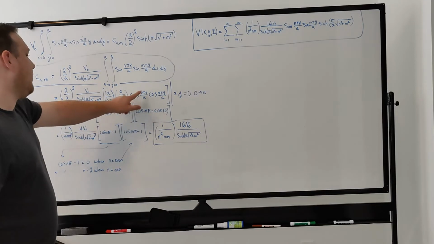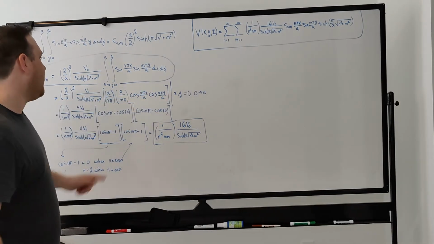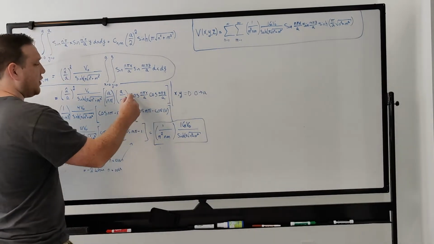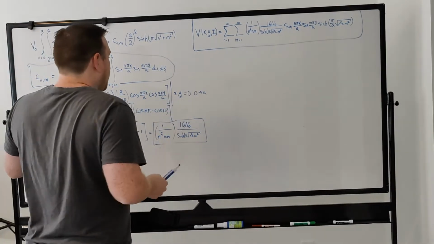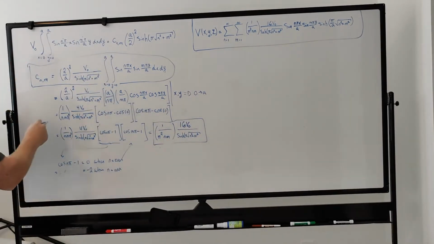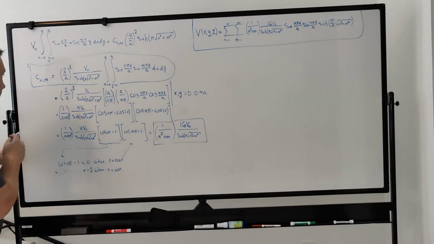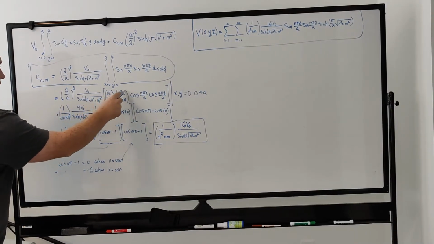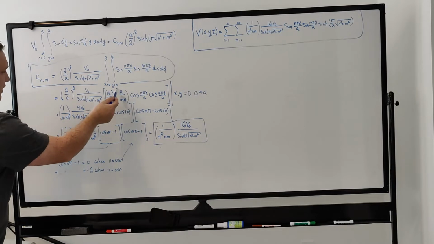We just get cosine of n pi x over a and cosine of n pi y over a from the integration. However, we have to evaluate these two respectively, where x and y go from 0 to a. Out here, what I've done is, the a's I can pull out, they're just constants.